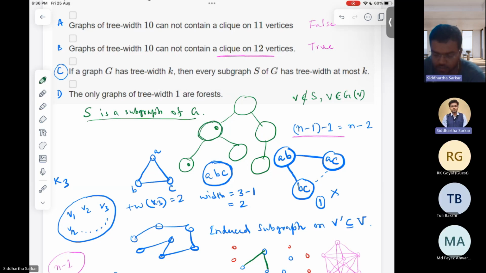It can in fact decrease, because if the maximum sized bag contains a vertex which was dropped, then the width of the tree decomposition may decrease. So therefore, the tree width is at most k, it does not increase. Therefore, this one is true.